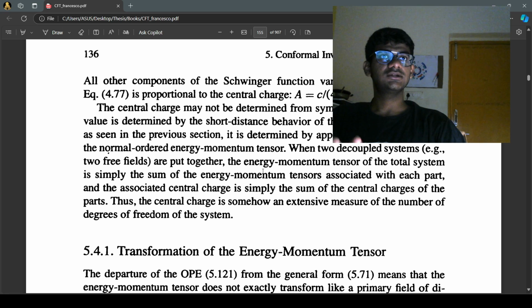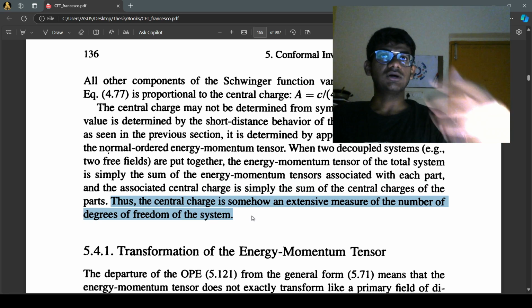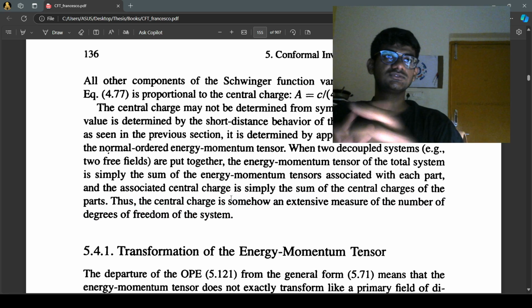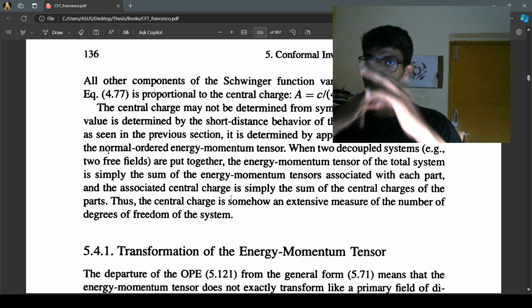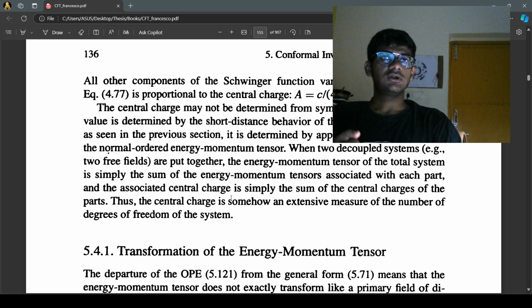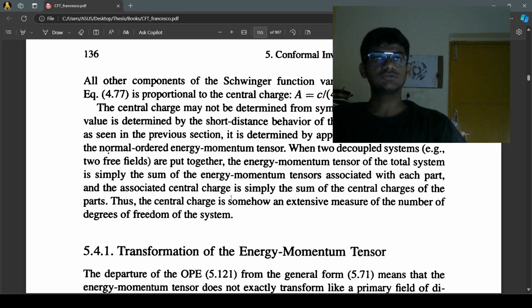And there's an interesting example. The central charge is somehow an extensive measure of the number of degrees of freedom of the system, because when you add two theories, in the sense you start from two different actions, you end up with two different EM tensors which get added into the total EM tensor, and the associated central charge also gets added up.